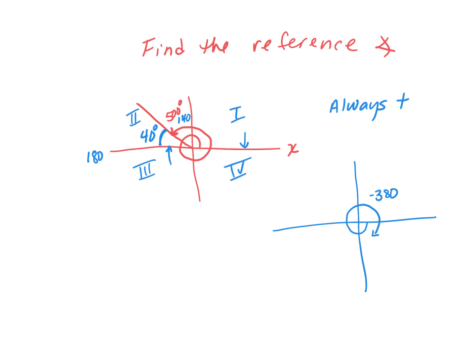And get it out of the woods again. You can look at it that way. So this is like negative 20 right there. How many degrees is that from the x-axis? Positive 20. So your reference angle equals 20 degrees. It's 20 degrees away from the x-axis.